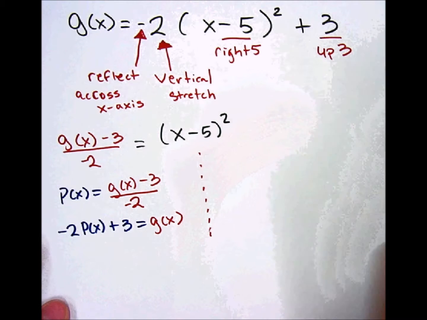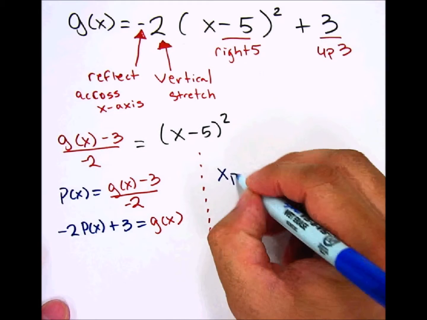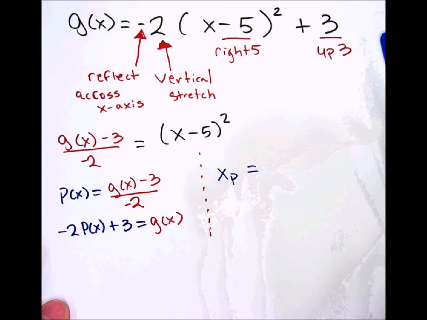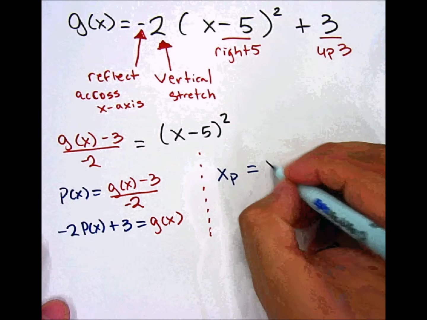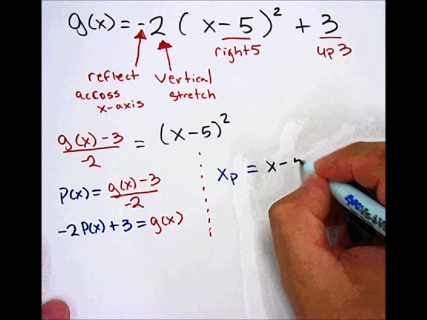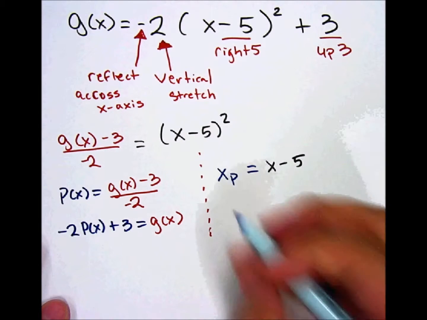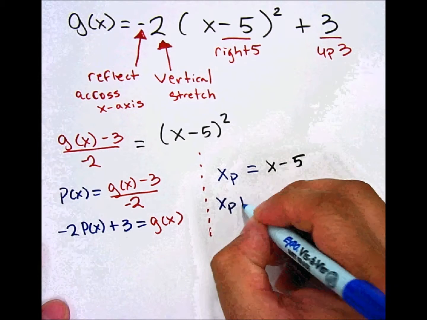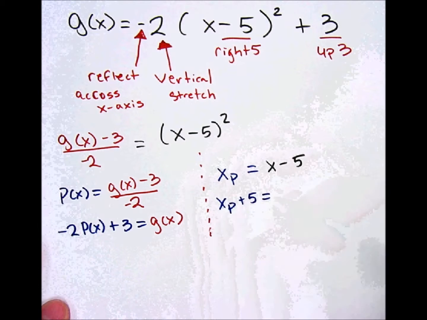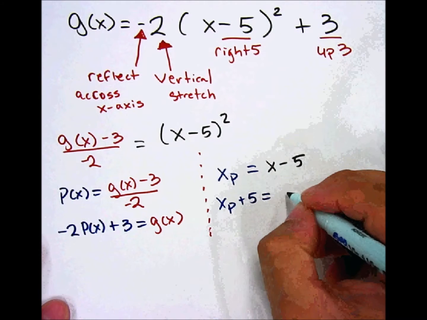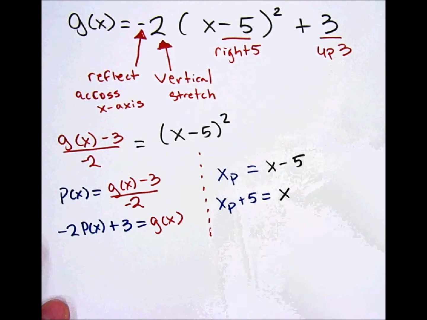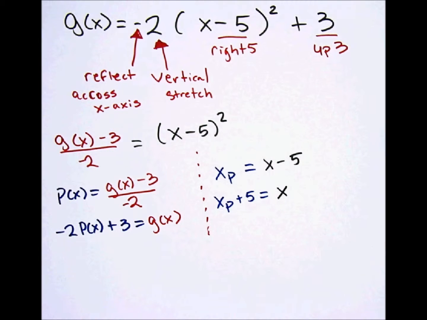On the other side, what would I have to do to the x values of the parent function to get to the x values of g of x? Setting them equal, solving, I would simply have to add 5 to all my x values, and that would take me to the x values of g of x.